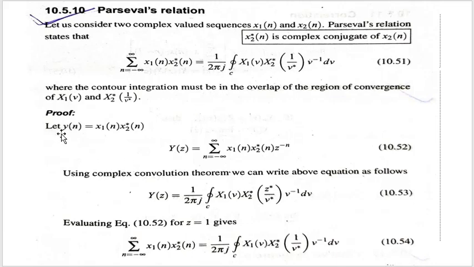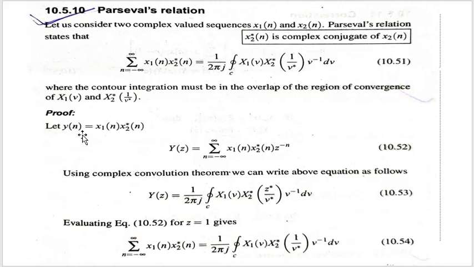Consider a scenario wherein y of n is the product of X1 of n and the conjugate of X2 of n. Similar to the previous slide wherein X3 of n is the product of X1 of n and X2 of n, here we consider y of n equal to X1 of n multiplied with X2 conjugate of n.